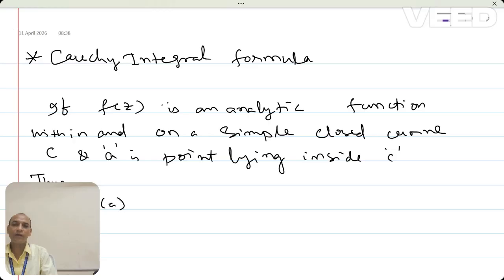f of a will be equal to 1 by 2 pi i, integration over C of f of z divided by z minus a, dz.